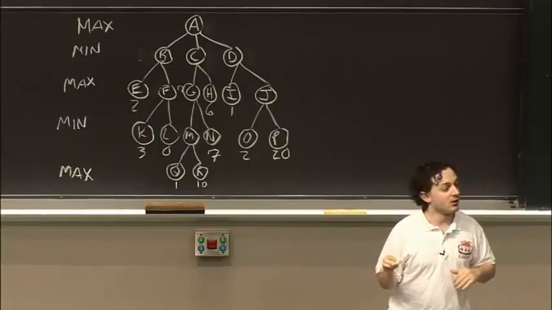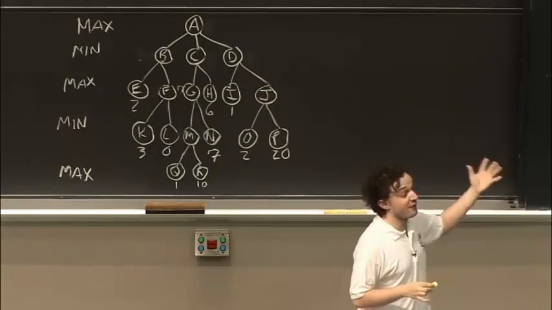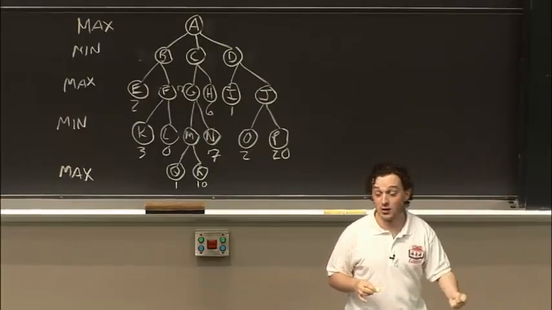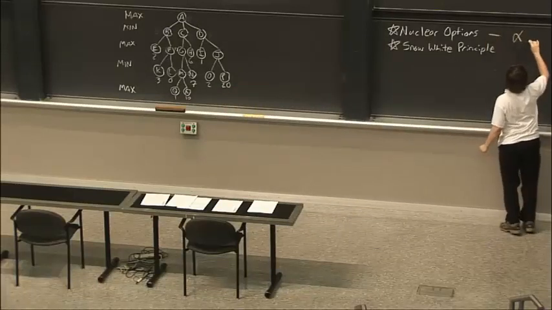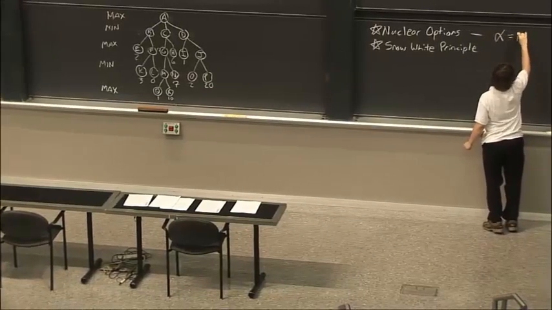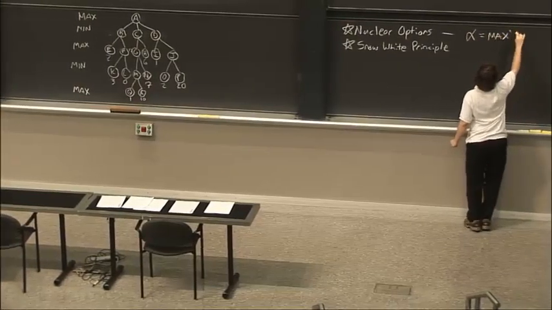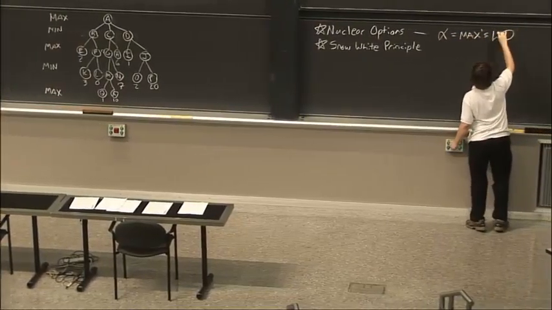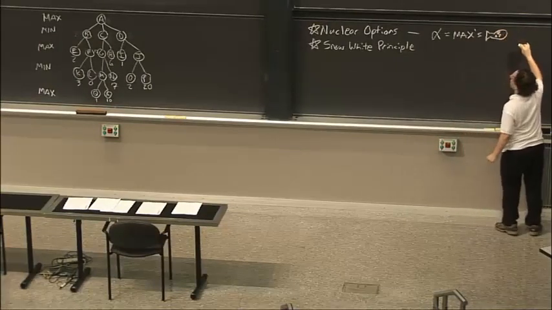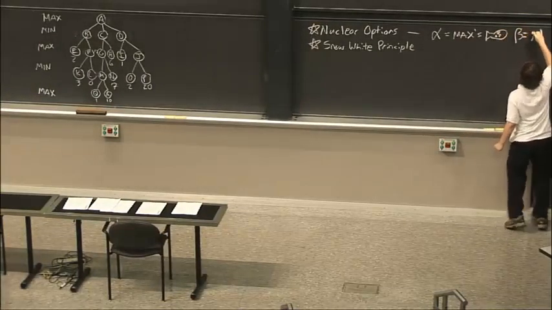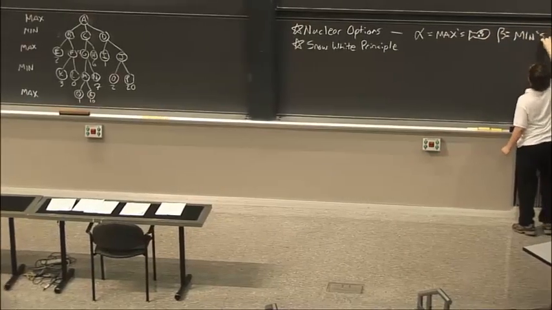So the alpha is the nuclear option, the fail-safe of the maximizer. All right, nuclear options. Alpha is maximizer's nuclear option. And beta is the minimizer's nuclear option.